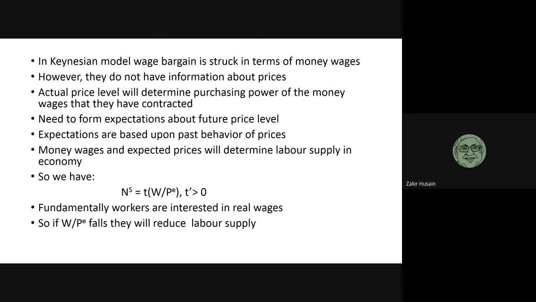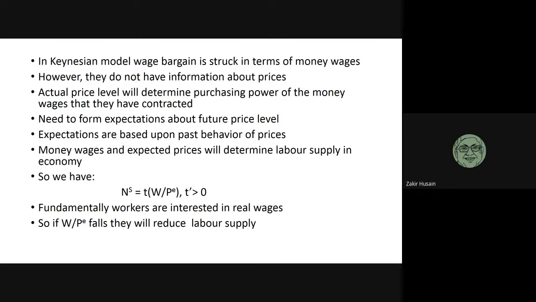In the past, let us suppose I have a vector of prices. I'll show you how the price expectations are formed. Given the past information about prices, workers will form an expectation about the future price level.